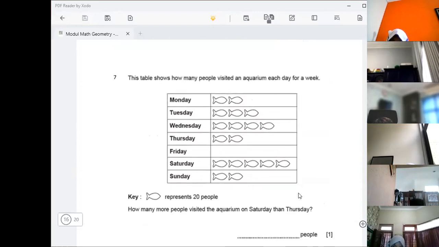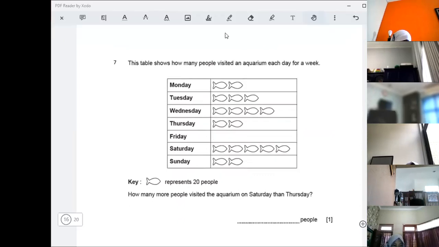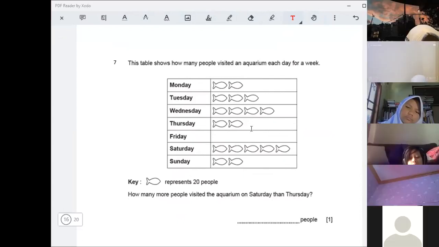This one. How many more people visit the aquarium on Saturday than Thursday? The Thursday, how many? Ichat, how many people on Thursday? 20. 40. Okay.